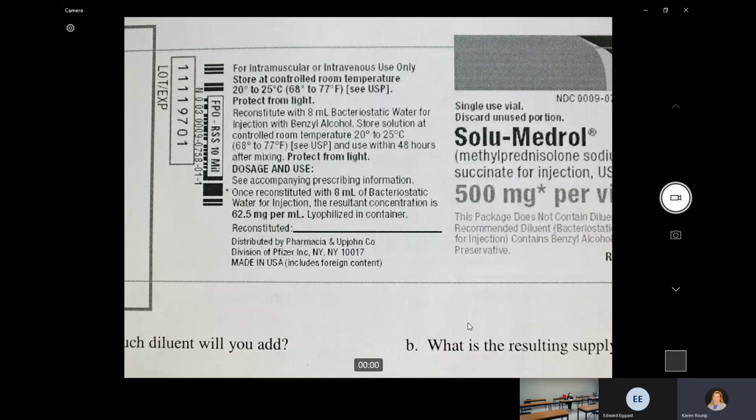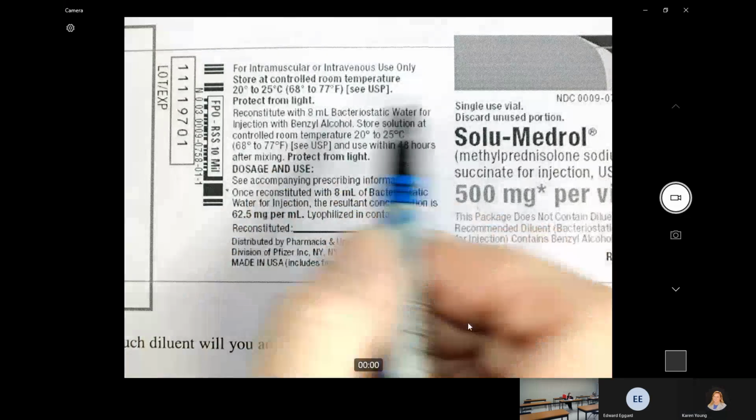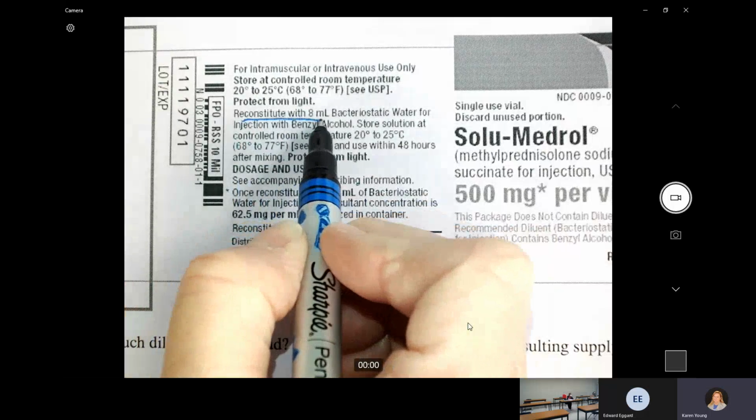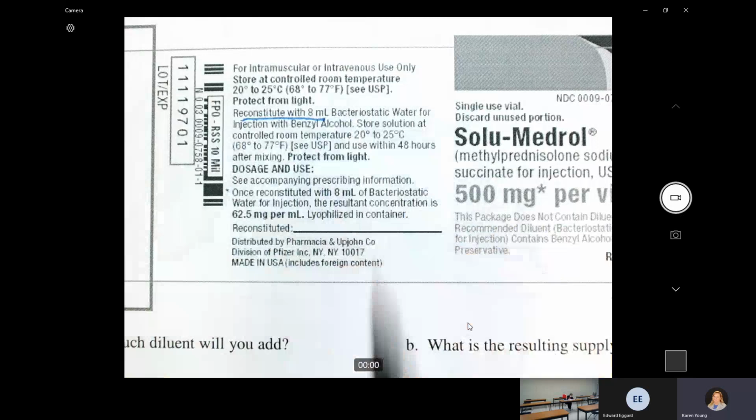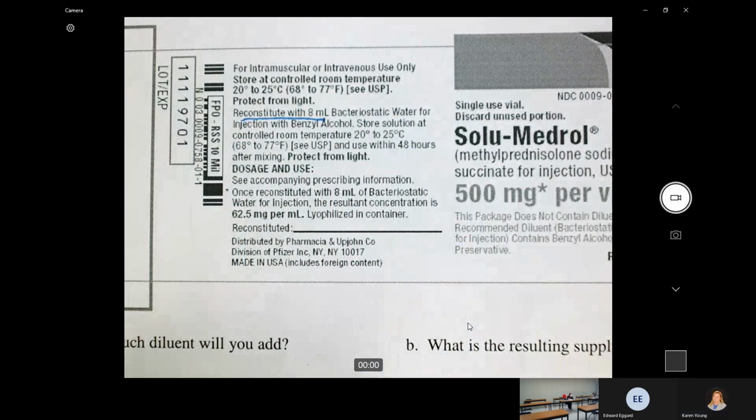Eight milliliters. Because it says reconstitute with 8 milliliters, and it tells you it's, I can't say that this morning, bacteriostatic water. So I'm giving 8 milliliters.